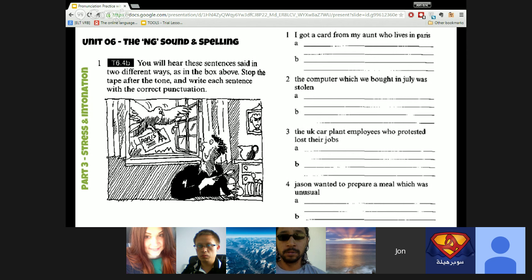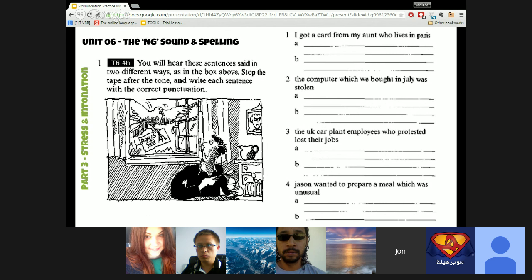Sentence number 2A. The computer, which we bought in July, was stolen. Sentence 2B. The computer which we bought in July was stolen.